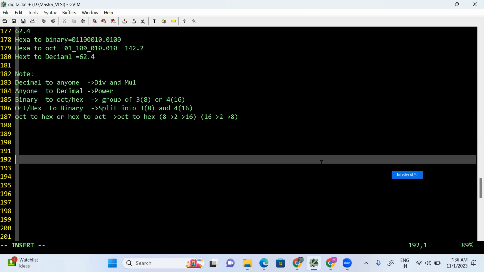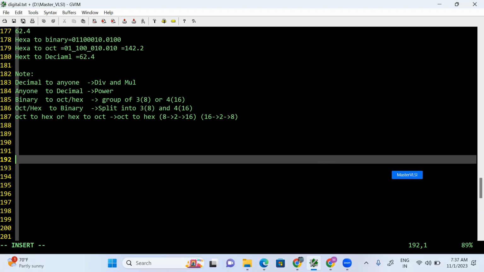Octa to hexa, indirect. Octa to binary, split. Then hexa to decimal, power. Any one to decimal, you need to remember like this. One side is decimal, either left side or right side.